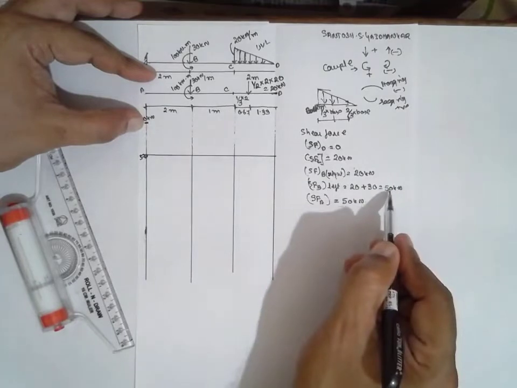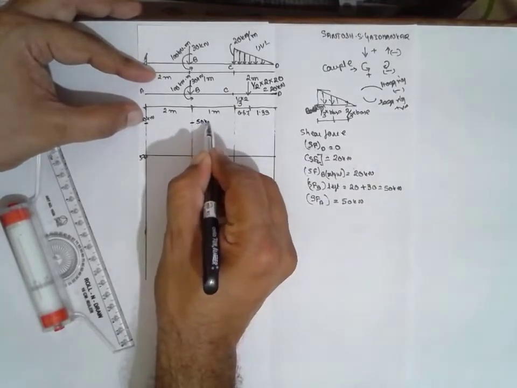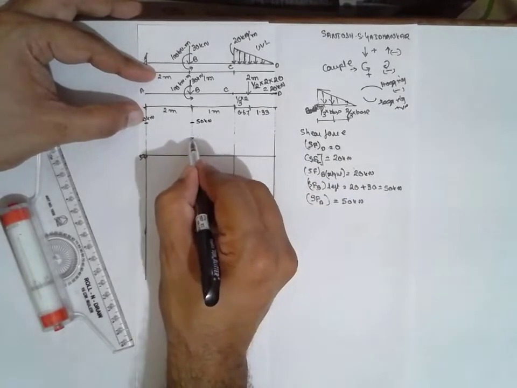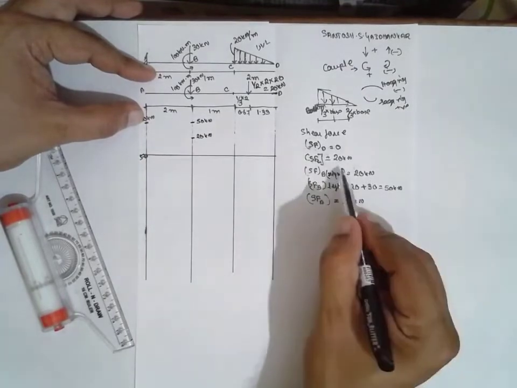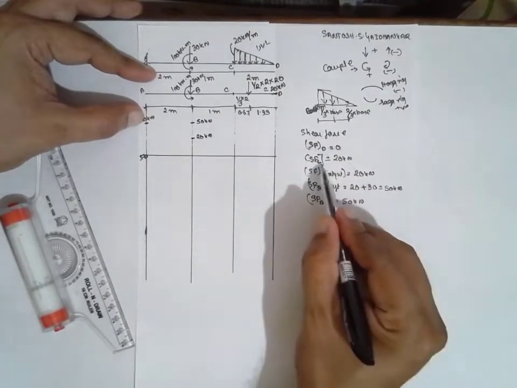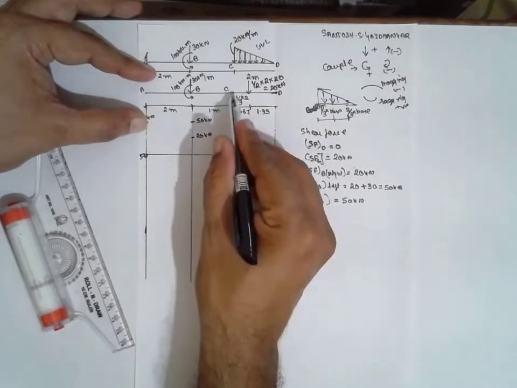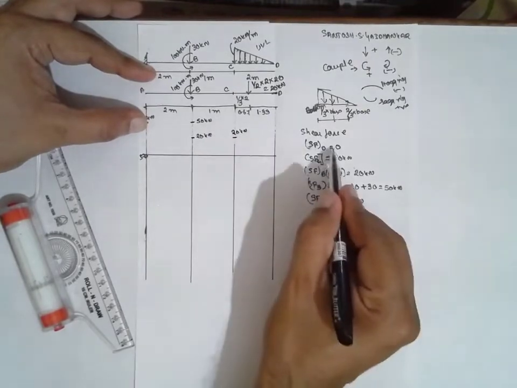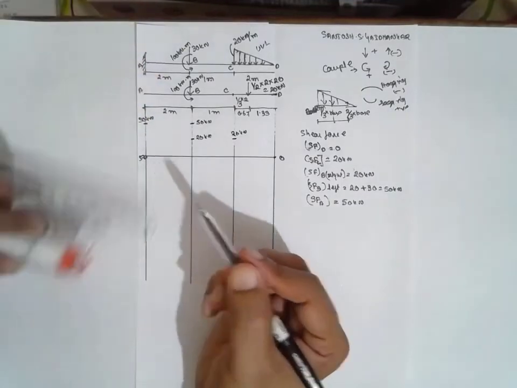First we are considering 50 here. Next, exactly on the same line, it is 20, at the bottom, 20 kilonewton. Next at C again it will be 20. This is the C line, it is 20 kilonewton. At D it is 0. Now join.